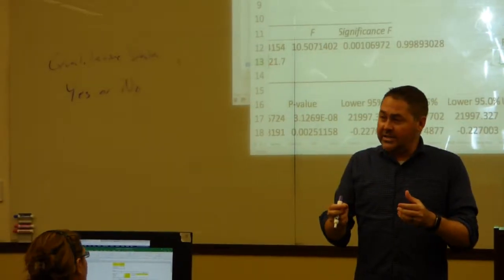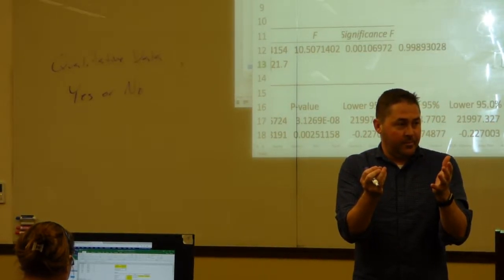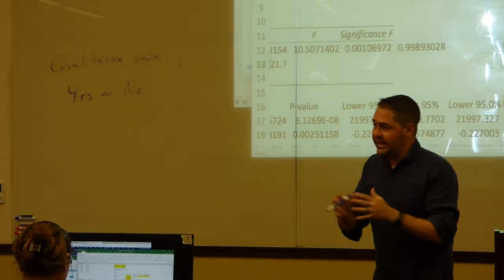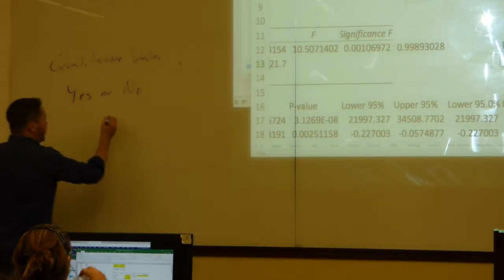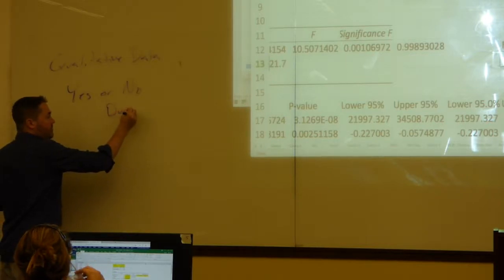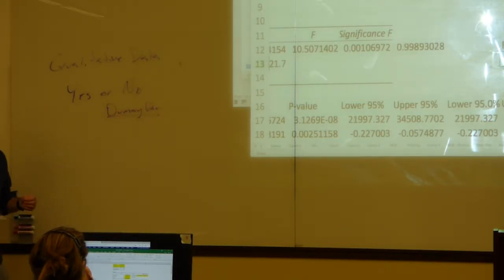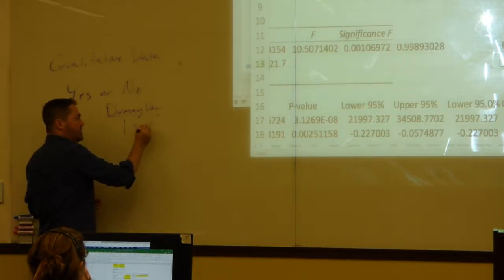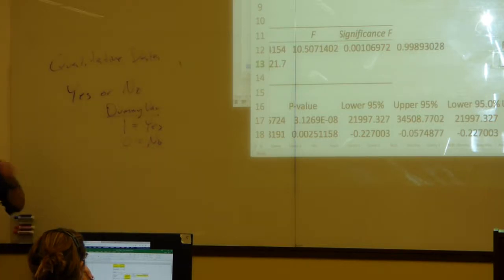Dummy variables are going to take a value of either 1 or a 0. It doesn't matter which one you choose to do. You could say, I'm going to create a dummy variable, and it's going to take the value of 1 equals yes, and 0 equals no.